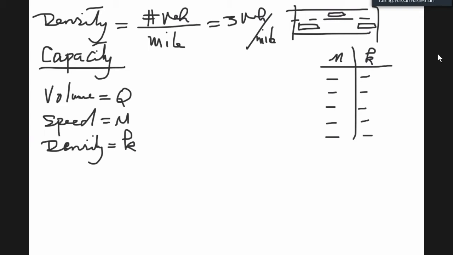And I bring it to the office and I plot these speeds and densities. Okay. And then I fit a line. Remember regression? We fit a line that goes through these and balances these points. So this is my density on the x-axis, and the y-axis will be my speed.